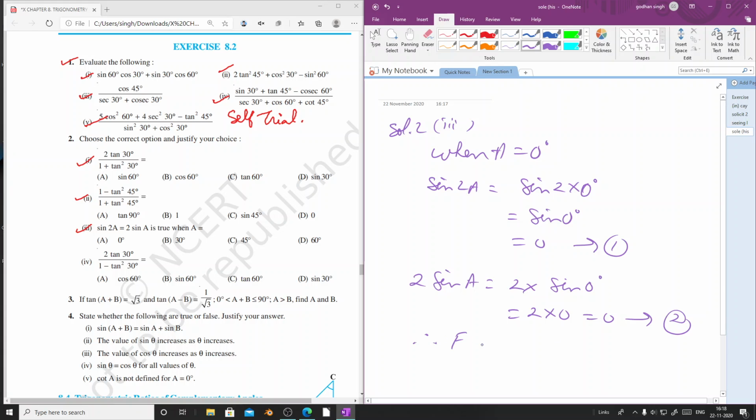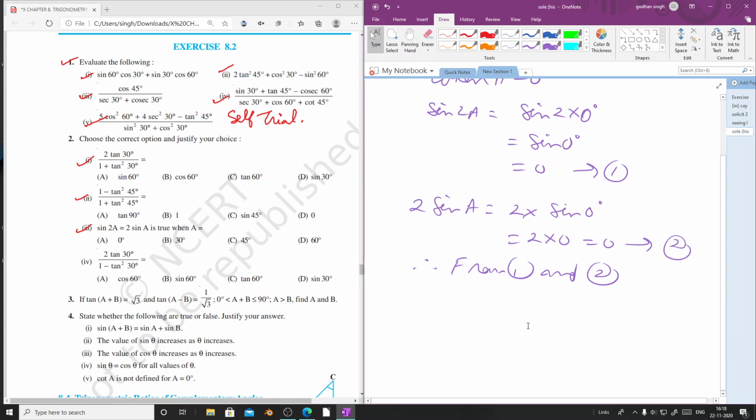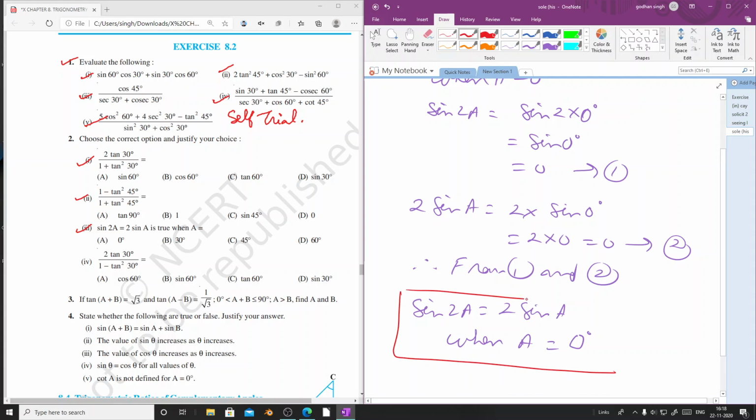Therefore from 1 and 2, we can say that sin 2a is equal to 2 sin a when a equals 0 degree.